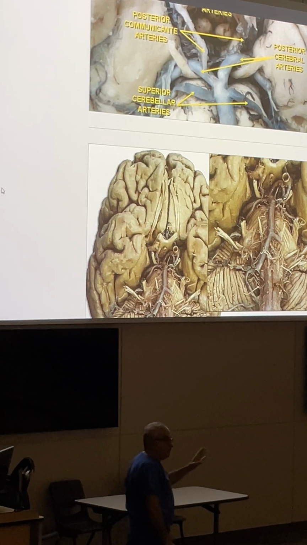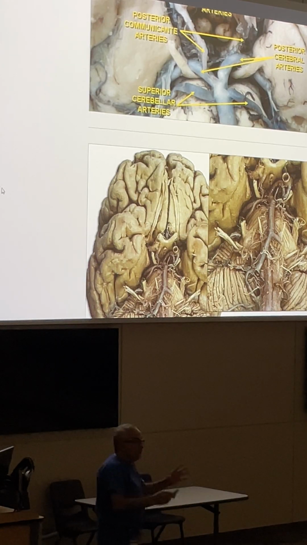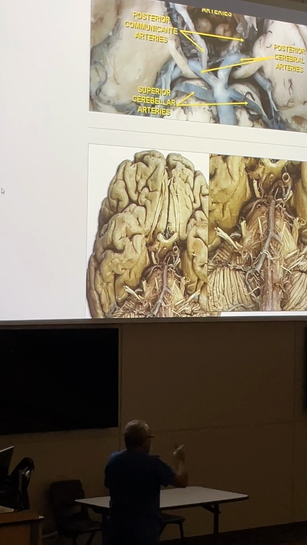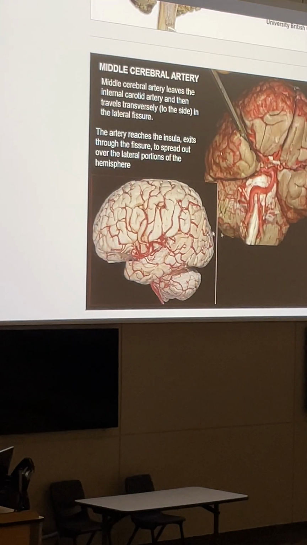The third game is the supply region. So last part, we were just looking at what is a branch of what, but now we're dealing with the region that they're responsible for blood supply and that kind of factor.